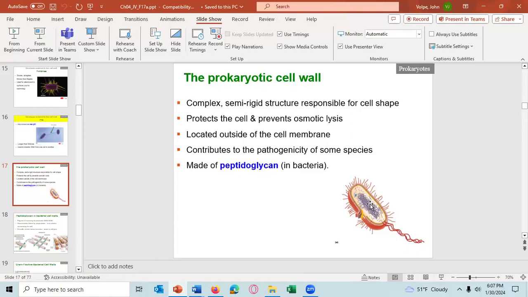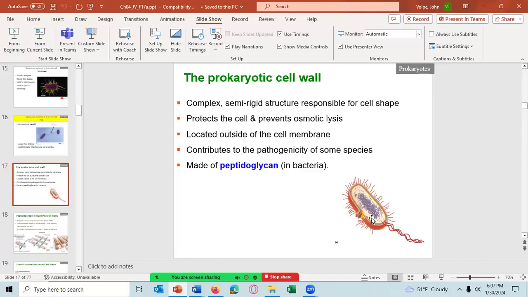And when that happens, there'd be no room for water to move into the cell, so the water stops moving into the cell, even though there's higher water concentration outside the cell than inside the cell. Because of this, the cell wall will prevent the bacteria cell from lysing.